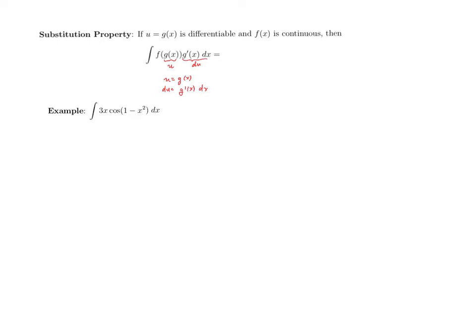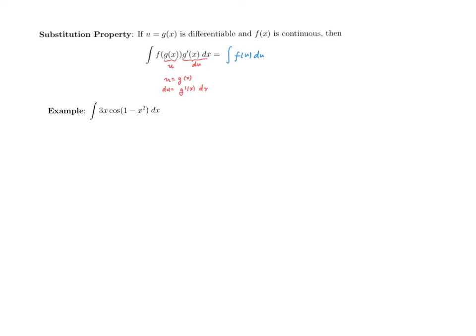So we start off with an integral that involves all x's and is complicated or difficult for us to evaluate. Once we do the substitution, it now only involves the variable u, and it's hopefully a simpler integral, easier for us to evaluate. That is the goal.